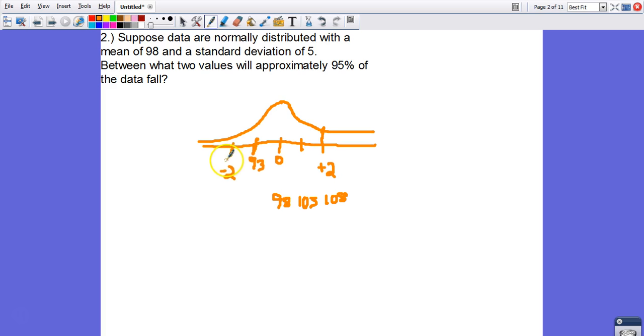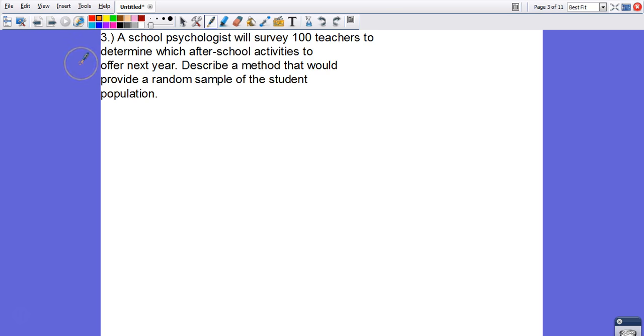And I'm going to get 88, I hope, right? Because that would be 10 exactly away from 0. So between what two values? It's going to be between 83 and 108. All right, question number 3.